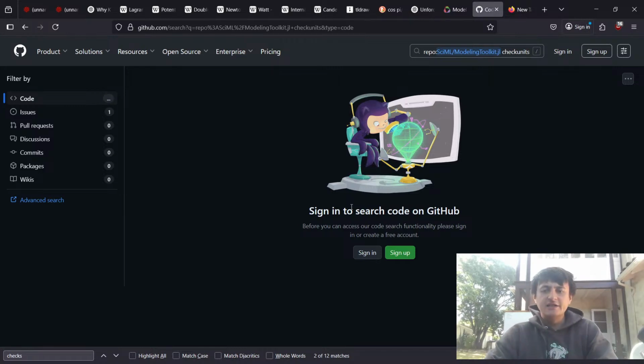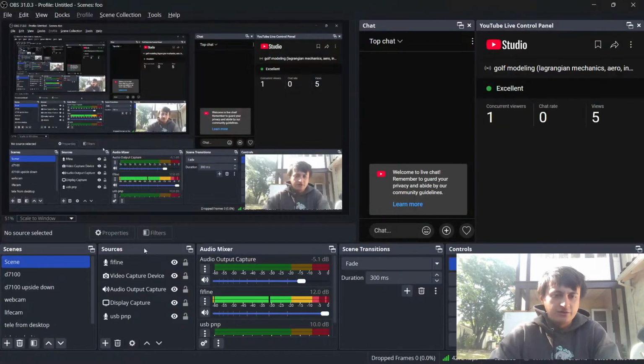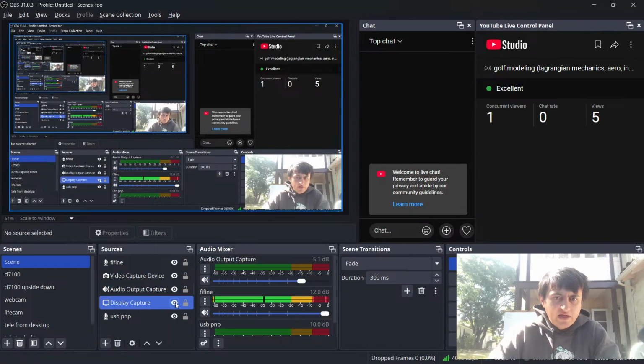Whoa, you have to sign in to search code? That's crazy. All right, hold on, give me a second. I gotta turn off my display. Oh, shit.